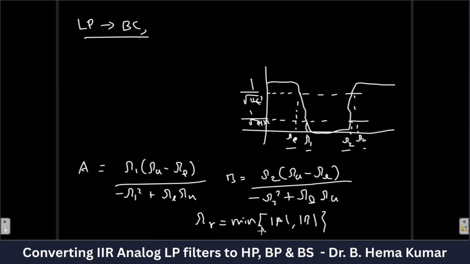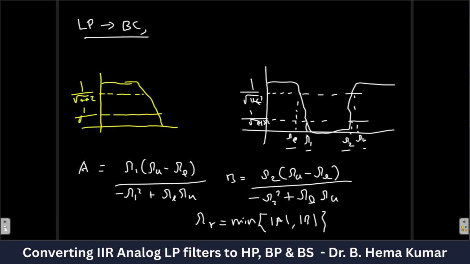Using this omega R, you have to design your low pass filter. This is your low pass filter response. This is 1 by square root of 1 plus epsilon square, and this is 1 by square root of 1 plus lambda square.